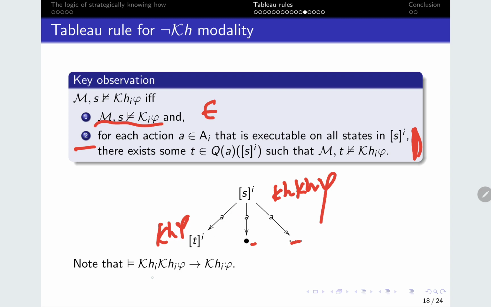So this means know-how phi will be true on the state S. And we already see that know-how phi implies know-how phi is a valid formula.